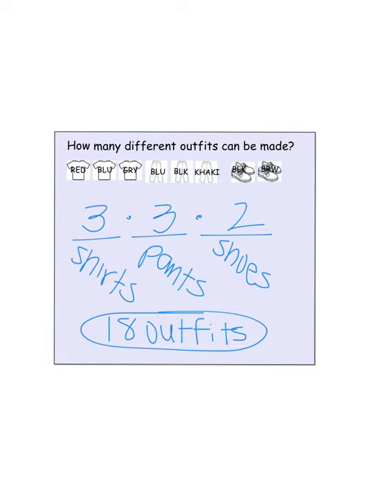So we'd have 18 total outfits to choose from. That's like 3 weeks of school you could get through with just 3 shirts, 3 pants, and 2 pair of shoes.